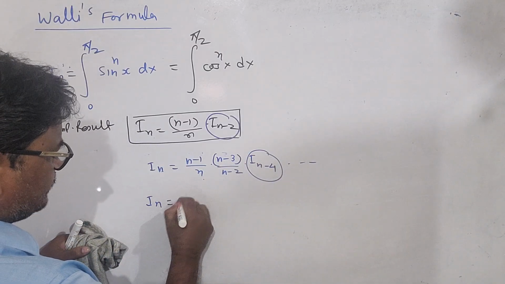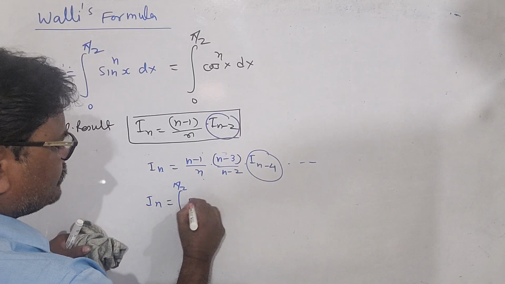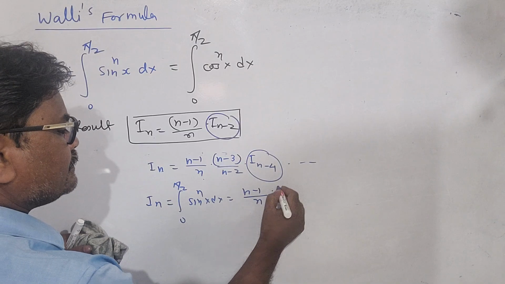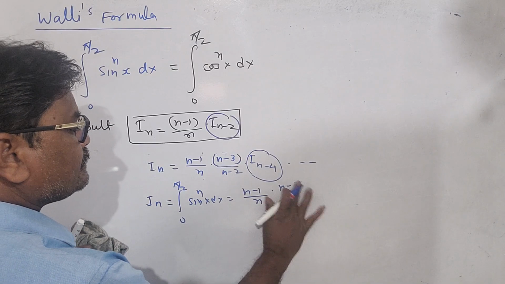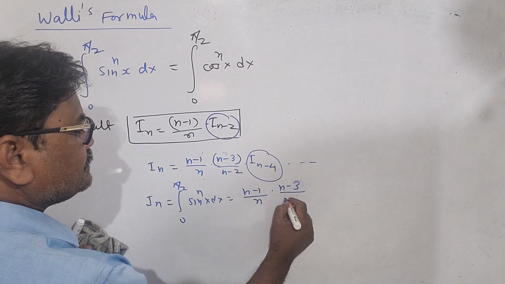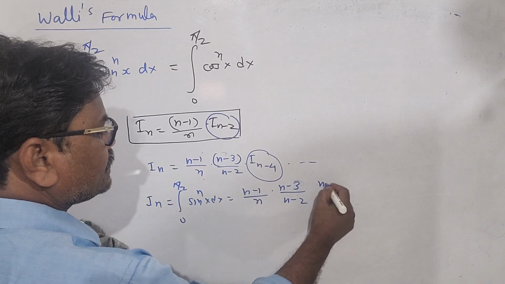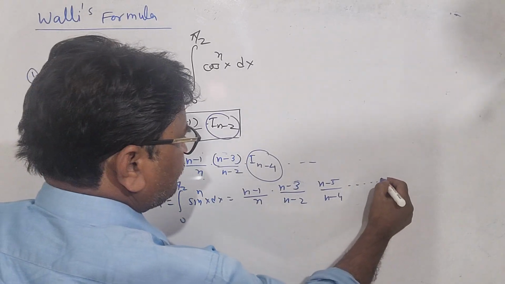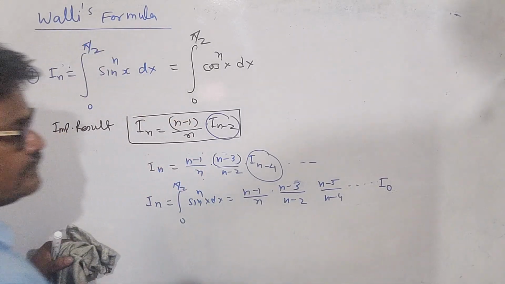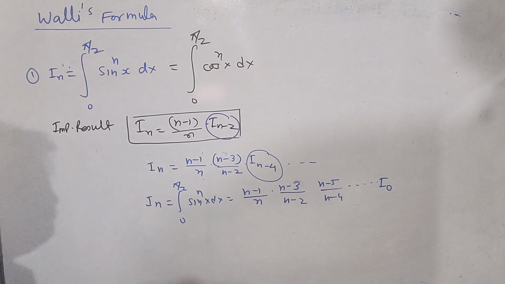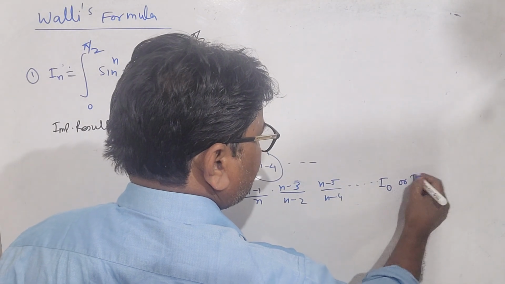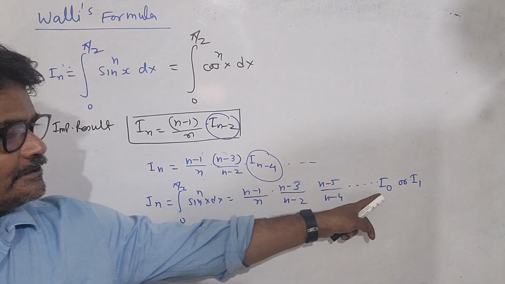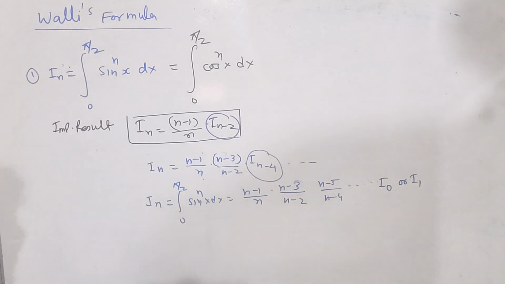Finally, I can write In, that is the integral from 0 to pi by 2 of sin^n x dx, as (n minus 1) by n, times (n minus 3) by (n minus 2), times (n minus 5) by (n minus 4), and like that. The last integration is either I0 or I1. Now what is I0?